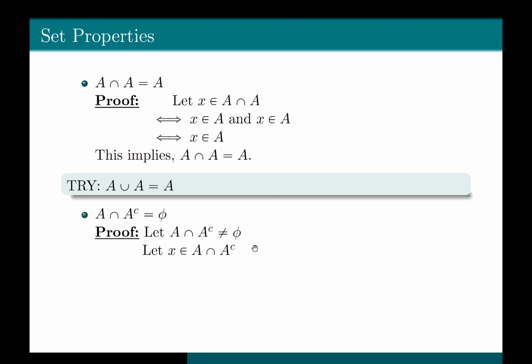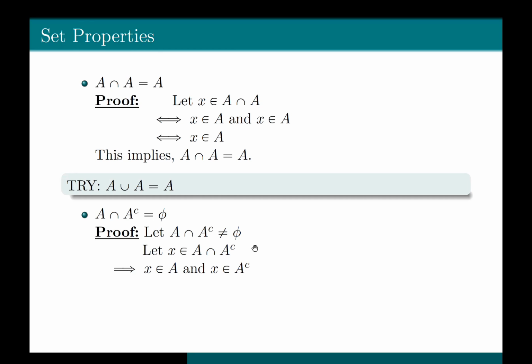So if we start by taking X in A intersection A complement, because it is in the intersection, it implies that X belongs to A as well as X belongs to A complement. Now, remember, we have AND over here. Whenever we have AND, it means intersection.